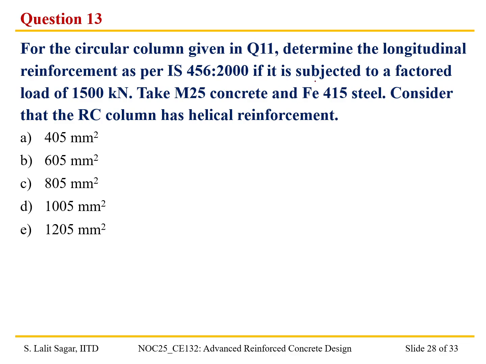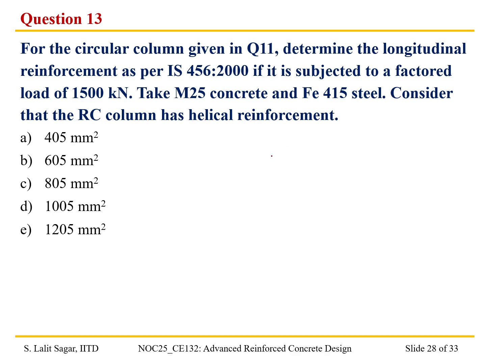So here the value of Pu is 1500 kilonewton, and we need to take M25 concrete and Fe415 steel. Consider the reinforced concrete column with helical reinforcement. Now let us proceed to solve the problem.